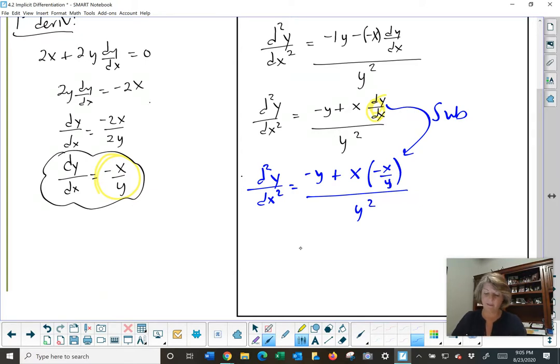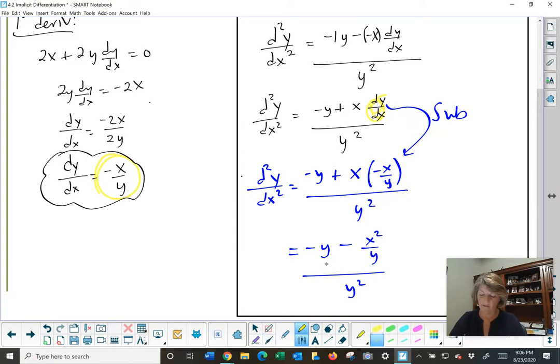Now, how do I simplify this? Because now you've got a complex fraction. You have a fraction within a fraction. And that's not so cool. We shouldn't leave our answer like that. I would have negative x squared over y over a y squared.